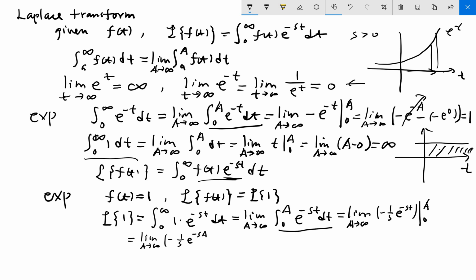Then subtract negative 1 over s, replacing t by 0. Let a go to infinity. s is positive, so we know this thing goes to 0. Therefore, it gives you 1 over s. That means the Laplace transform of 1, this simplest function, equals 1 over s. That's what I said: the Laplace transform of f(t) gives you a function of s.